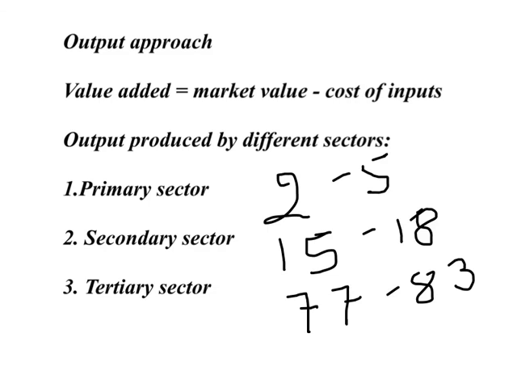So for a rich country, this kind of a structure is very typical, where primary sector, which is essentially agriculture and related activities, is a very small part of GDP. However, if you are looking at a country in Africa, not so developed, what you're likely to find is primary sector is going to be the dominant sector, contributing about 50 to 70% towards GDP.